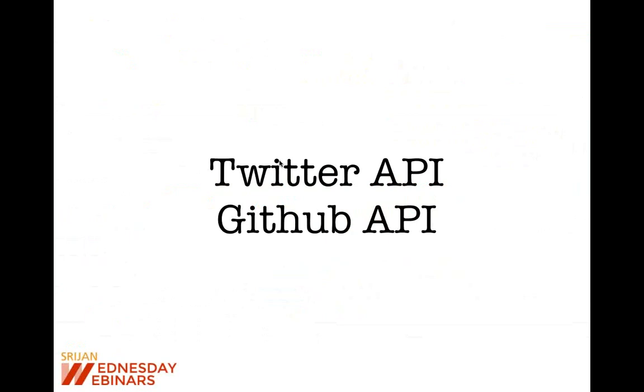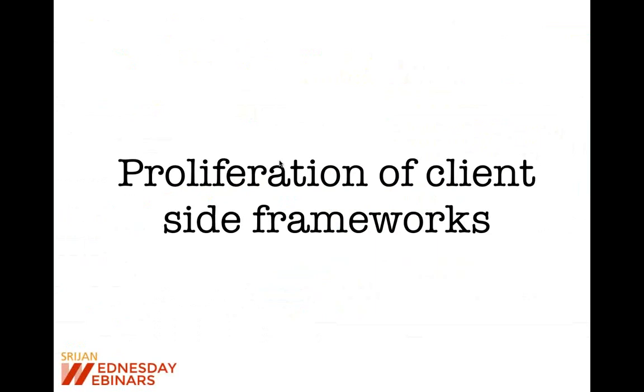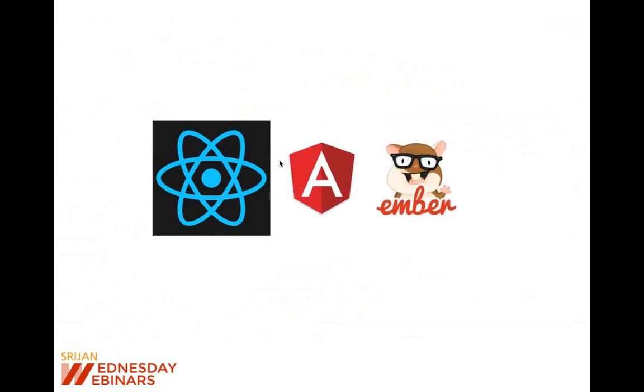Now, all of these APIs are supplementary APIs. Twitter already has a web application and they're providing this API. GitHub already has a web application and they're providing this API for consumers. But nowadays, a lot of people want to use client-side frameworks for their apps. They don't want to use server-side frameworks. So people use React, AngularJS, Ember, and a lot of other things.